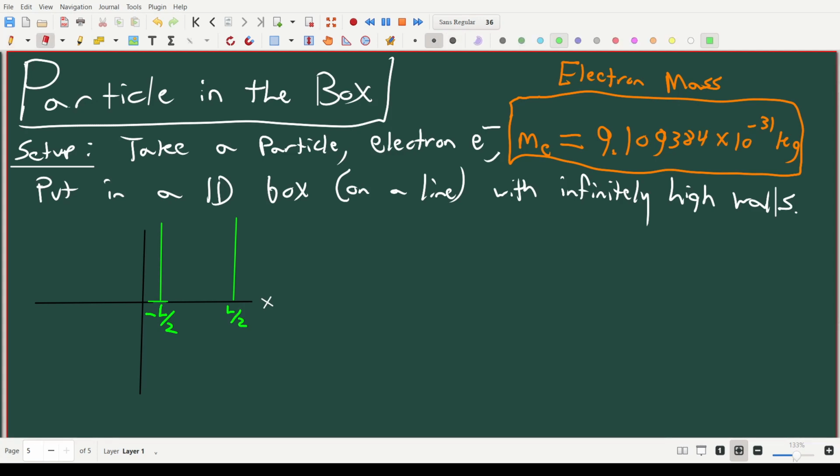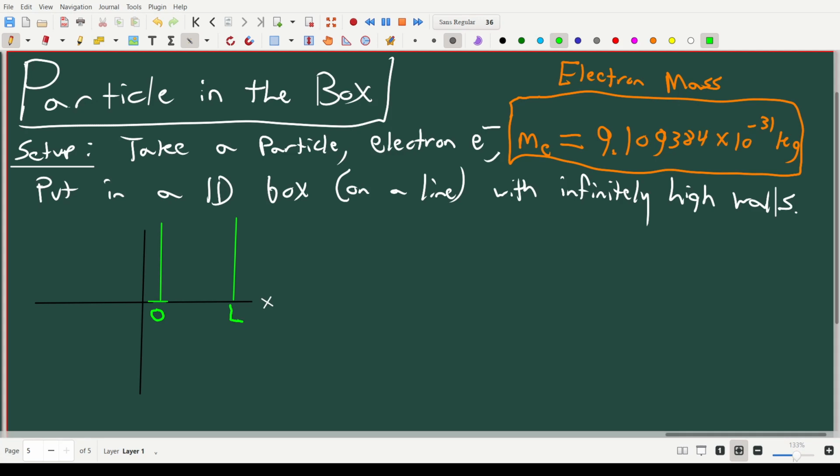No, that's not a very good way to write this. I'm sorry. Let's say the box runs from 0 to L. The left-hand side of the box is at x equals 0, and the right-hand side of the box is at x equals L. So it's a box of length L.